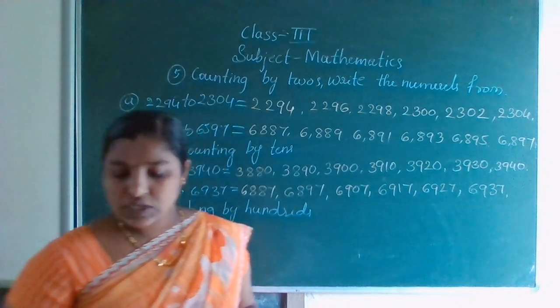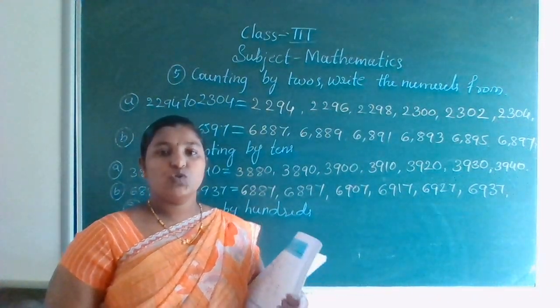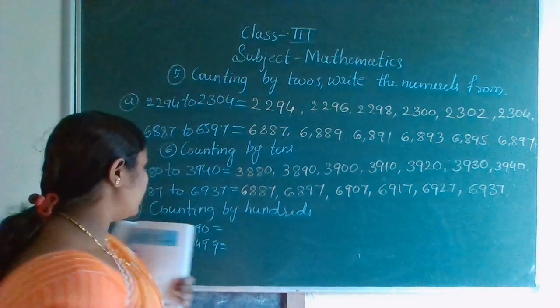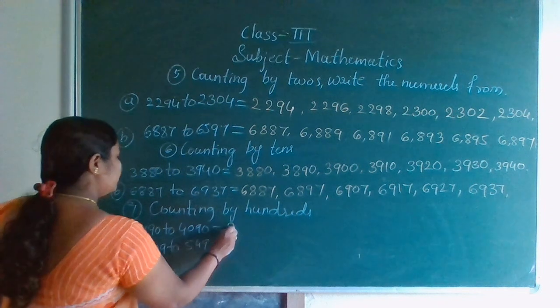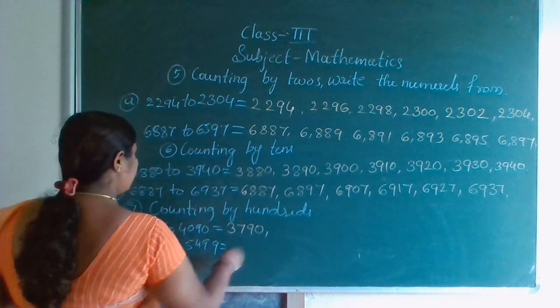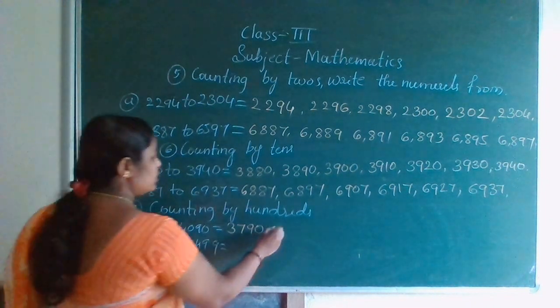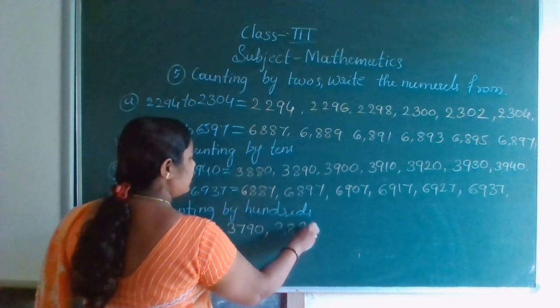So this is counting by hundreds. So we should add 100 to every number. First number you write it 3790. After this 100 you add for this 3890.